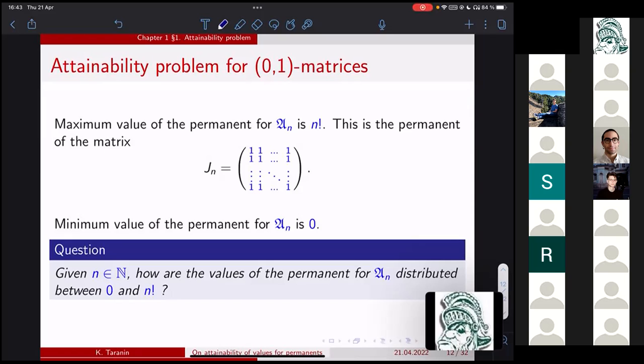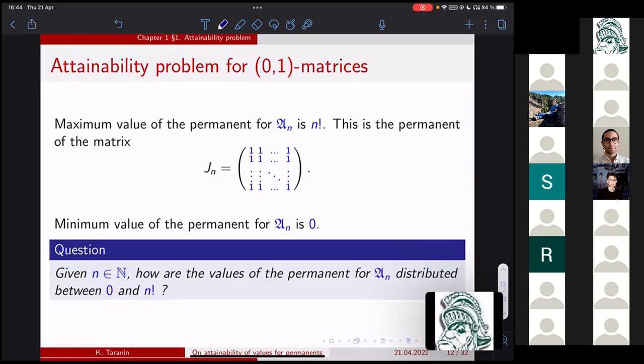So the permanent is 0 if and only if there is a submatrix of size P by Q that contains only zeros and P plus Q is greater than N, where N is the order of the matrix.